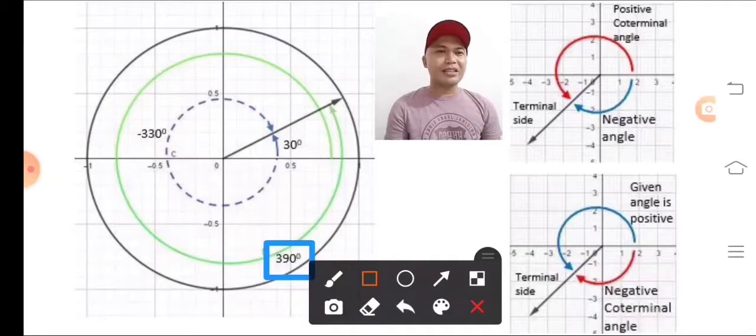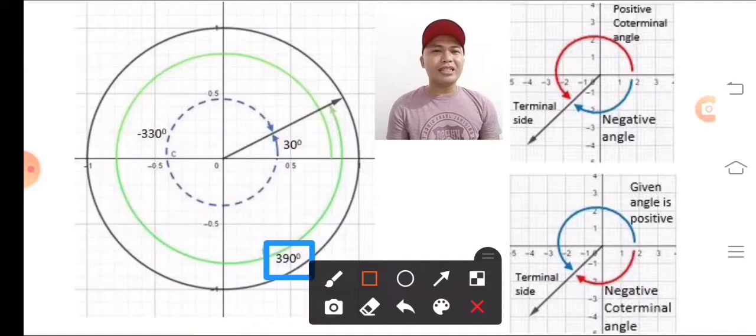So the next positive coterminal angle of 30 degrees is 750 degrees. Or 2 turns is equivalent to 720 plus 30, that is 750 degrees. And so on and so forth.